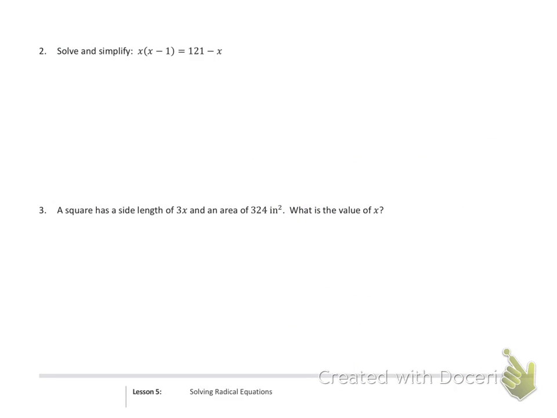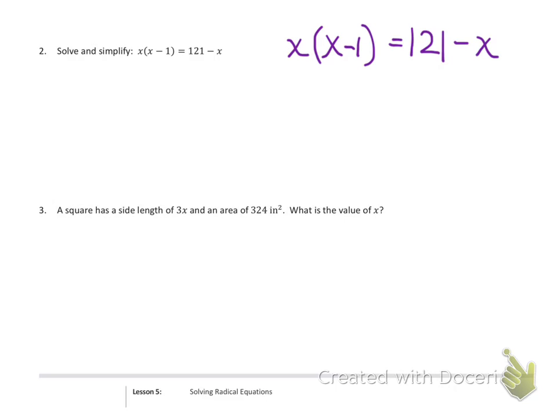Okay, number 2. If you haven't done it yet, you can go ahead and pause and work on that. Where's my equation? I've got x times x minus 1 is equal to 121 minus x.